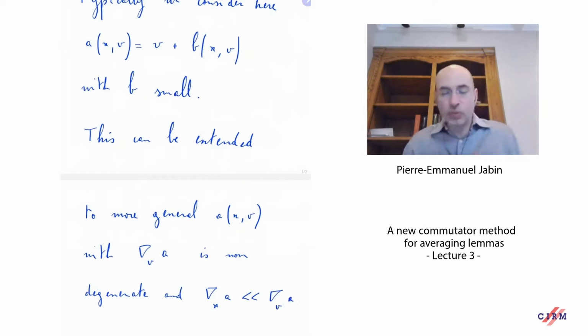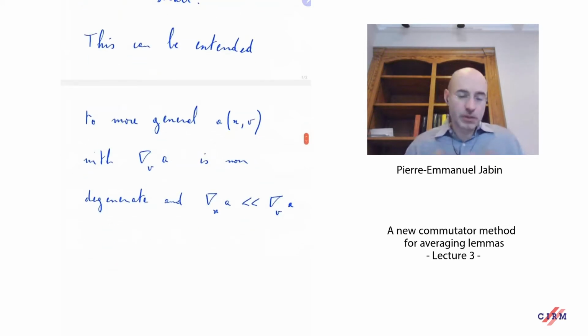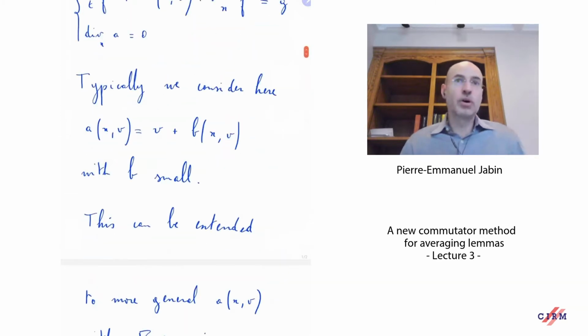And I don't really want to write this kind of conditions here because, again, that would push us a little bit further into the technical discussion that I prefer to avoid. So I'm really going to focus on this case where this kind of expression is very explicit.